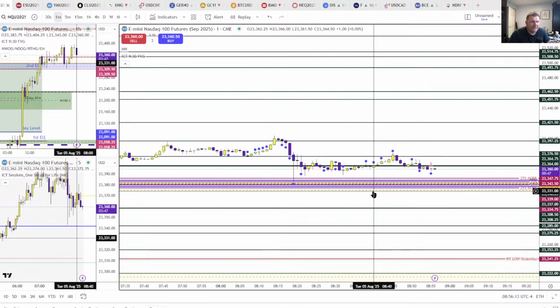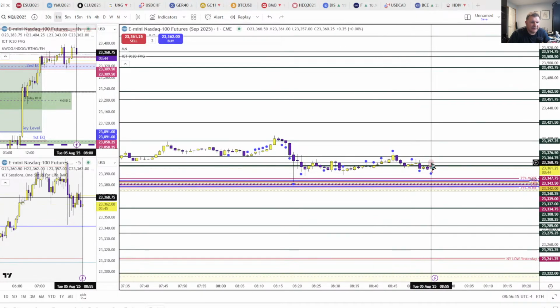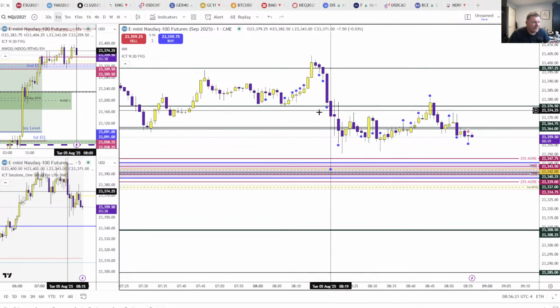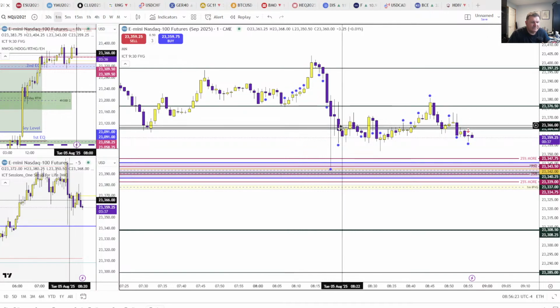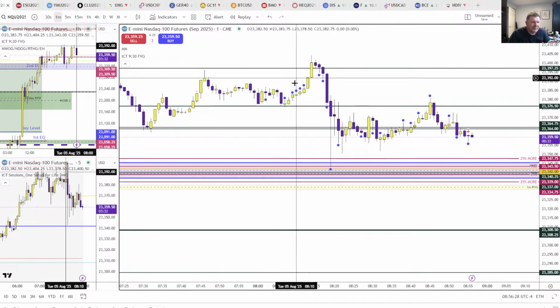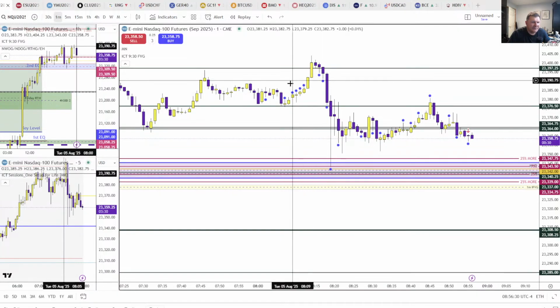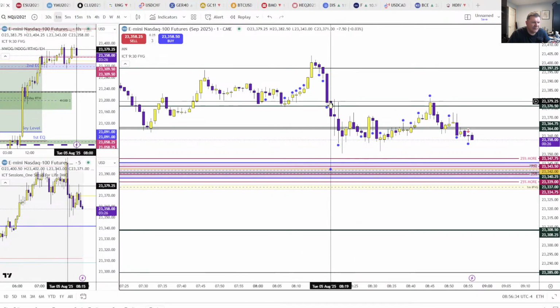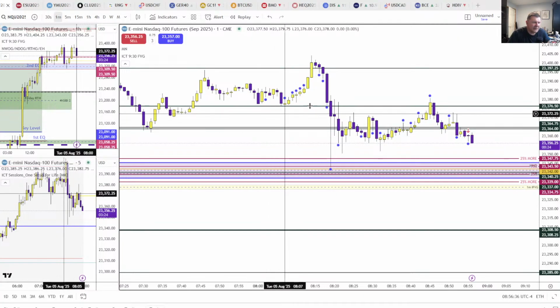That's just coming to take me out. Yeah, I took my stop loss. So for reversal perspective, it just got up, so I've just seen this here now. Change in direction, take out a low, market structure shift.